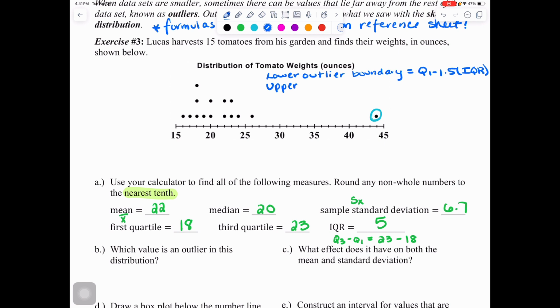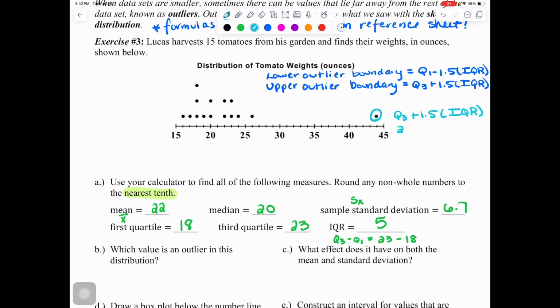And then the upper outlier boundary is equal to Q3 plus 1.5 times the IQR. So if I want to figure out if this is an outlier, this outlier is to the right. So this would be the upper, right? It's the higher part of the data. So that's the formula we're going to use. We're going to do Q3 plus 1.5 times the IQR.